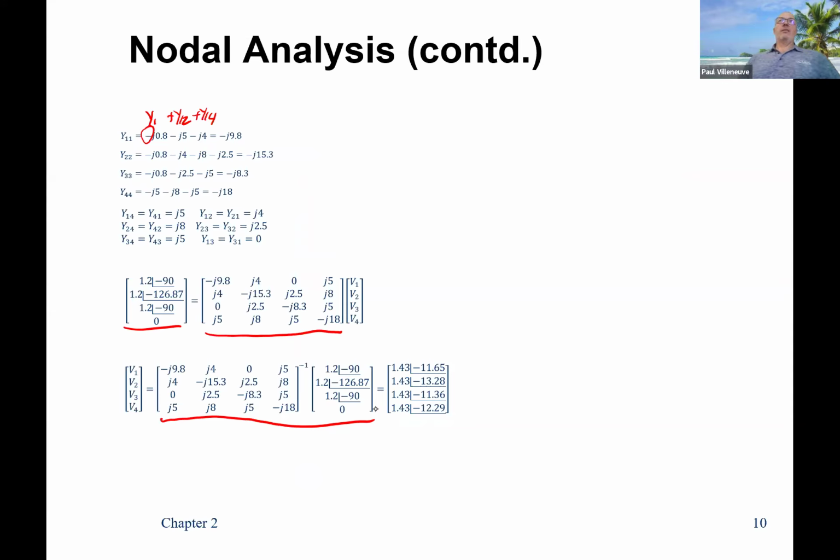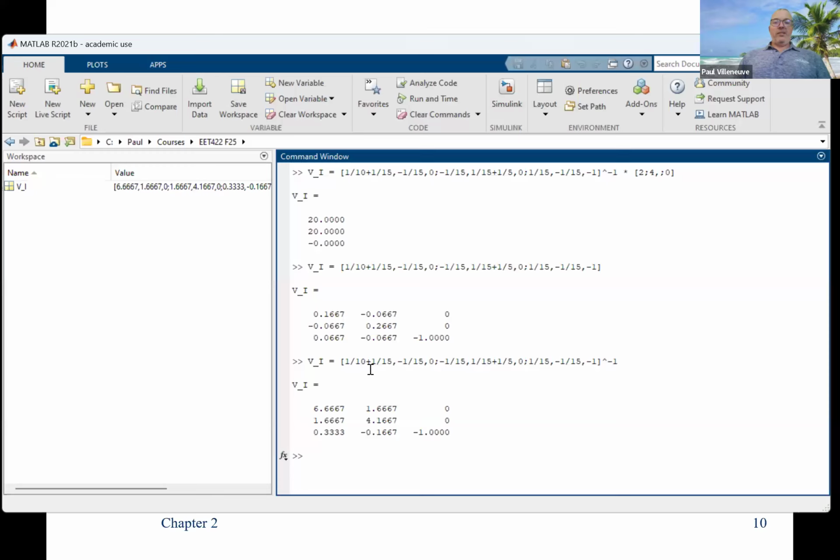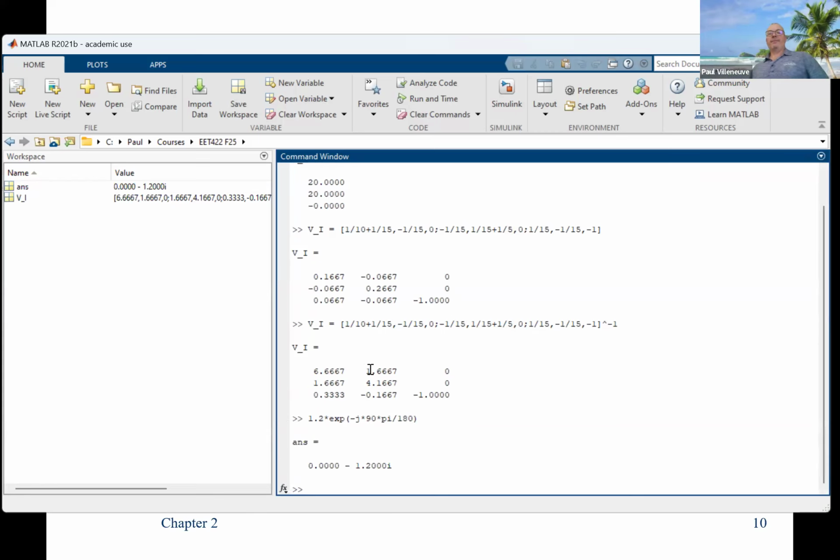So the angle, you have to convert because MATLAB only takes radians. So like this one right here, if I wanted to do 1.2 at an angle of 90 or -90, I think it was, the way that I would enter that is 1.2 times e to the -j times 90, but then I have to convert that to radians, which means multiply by pi over 180.